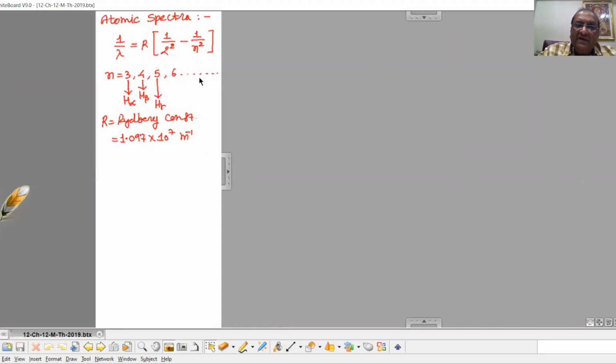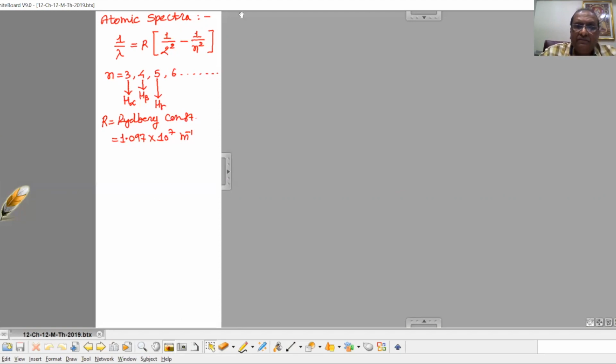Therefore, n equal to 3 gives the wavelength of the H alpha line of Balmer series. When you substitute 4, it is the wavelength of the H beta line of Balmer series. Like that, all these experimental observations were obtained. Clear up to this one?